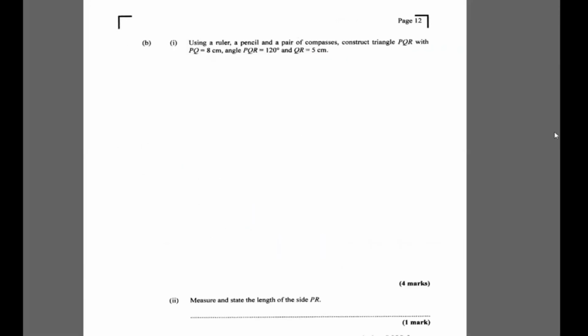Now it says using a ruler, a pencil, and a pair of compasses, construct a triangle with PQ 8 centimeters, angle PQR 120 degrees, QR 5 centimeters. Again, I'm not a big fan of construction, but I'll just show a general idea of what you're supposed to have.